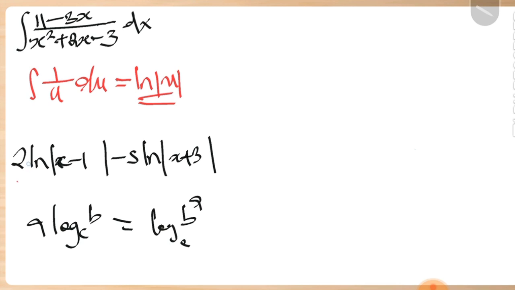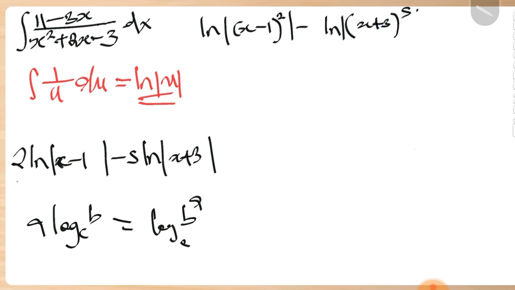So we can now rewrite this as ln of x minus 1 raised to power 2, minus ln of the absolute value of x plus 3 raised to power 5. Then let's put in the plus c.